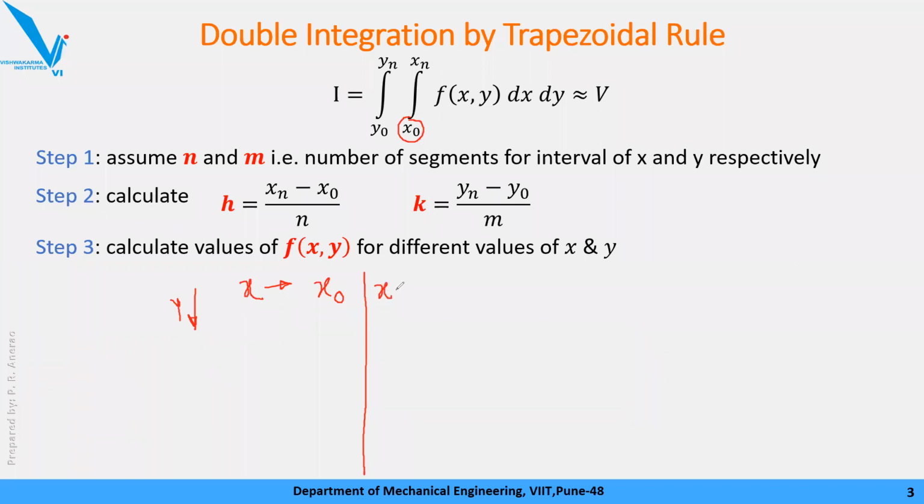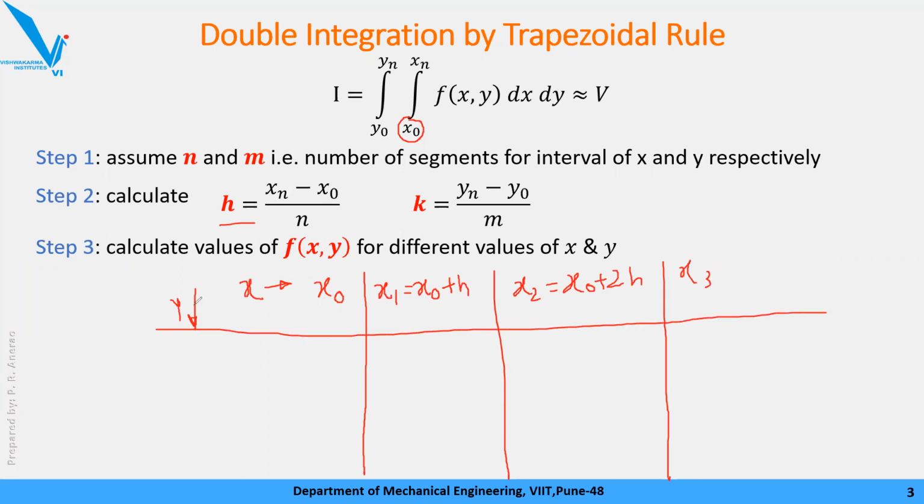Then we will calculate x1 value. x1 value कैसे calculate करते हैं? x0 plus h, right? This h. Then we calculate x2. x2 is nothing but what? x0 plus 2 times h and so on. ठीक है, यहाँ पे x3 calculate करेंगे.